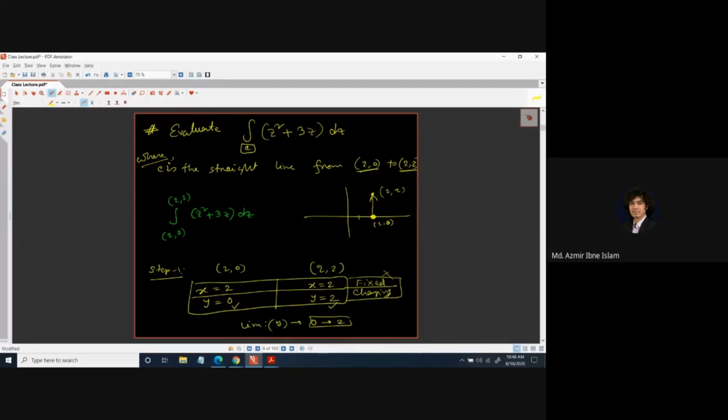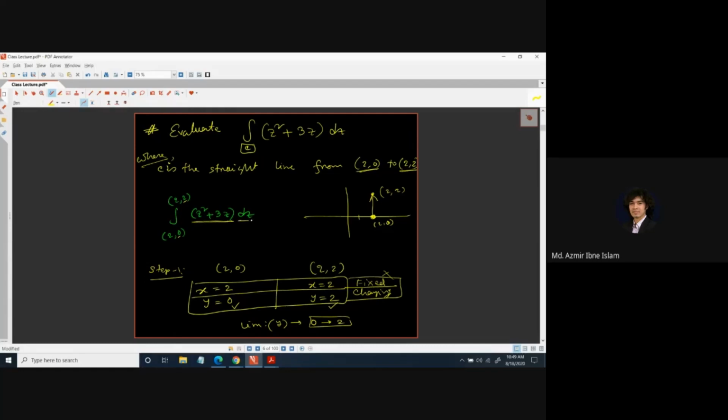So the limit will be y this time. Since we are now sure that the limit will be 0 and 2, y will be the limit. So obviously this function of z should be converted to only y. Otherwise the integration is quite difficult to solve.